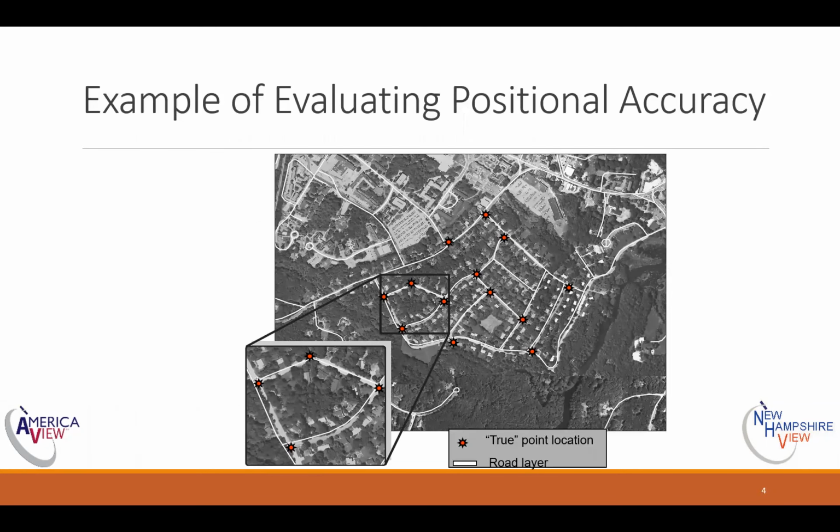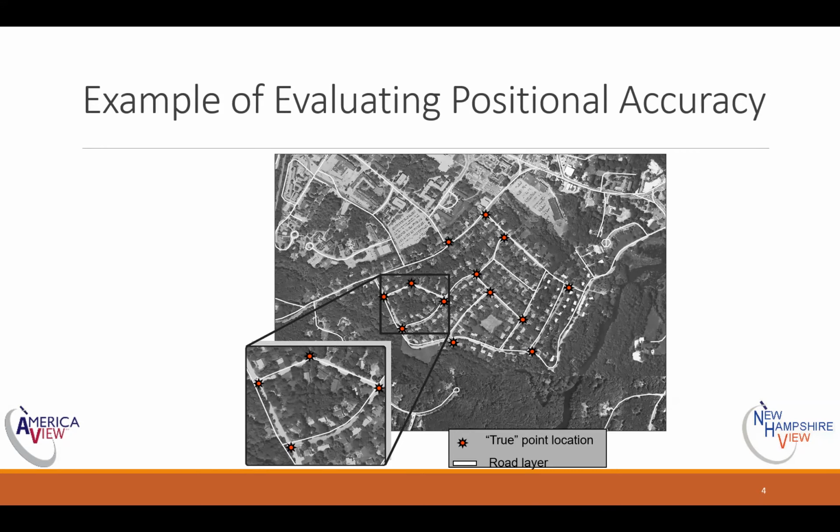So here's a little example of what we're talking about. Okay, so you can see that we've got two data sets here. One is a digital ortho or some other digital image, and the second one is a road network. And we've superimposed the two data sets on top of each other. And if you look at the little inset there, the little red stars represent the actual reference data, the, in quotes, true location.